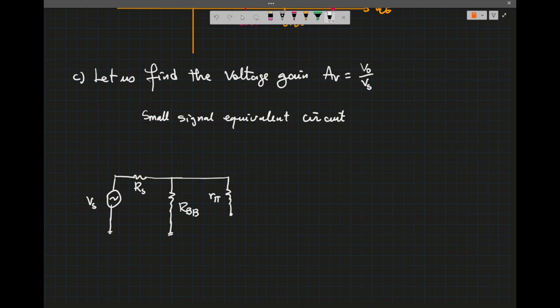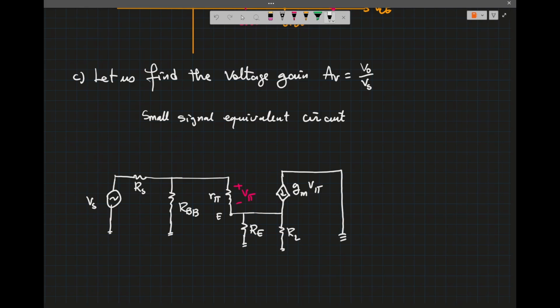The R pi connects to the emitter, and we have this emitter resistance, then we have the load here, and we have this dependent source, which is GM V pi, and the V pi is the voltage across R pi. And this is grounded.